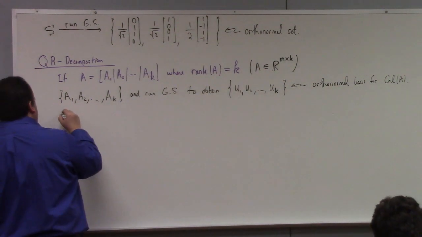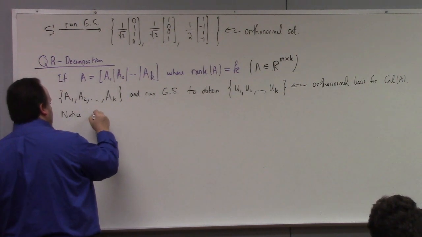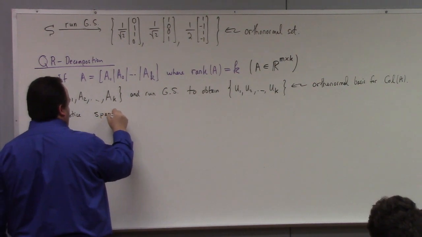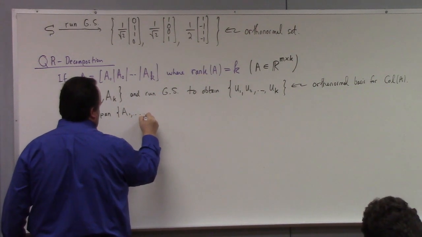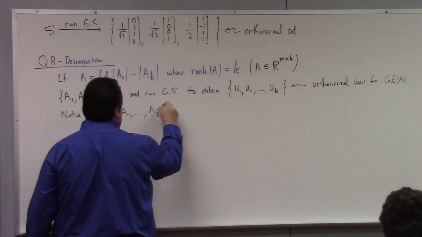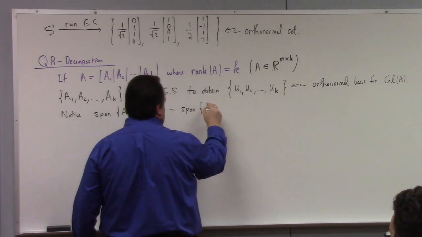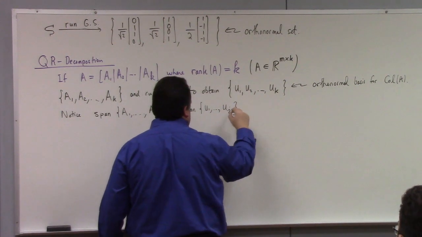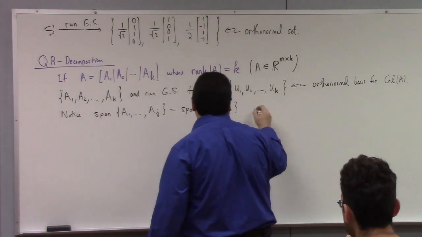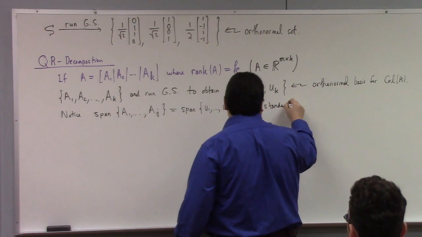Notice that the span of A1 through AJ is equal to the span of U1 through UJ for the standard Gram-Schmidt.